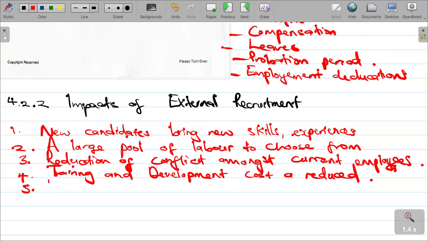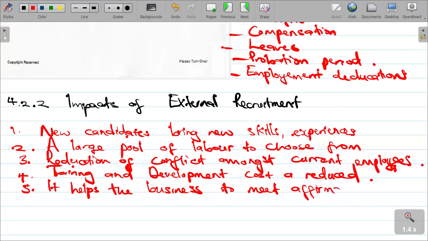It helps the business to meet affirmative action and BBBEE targets.